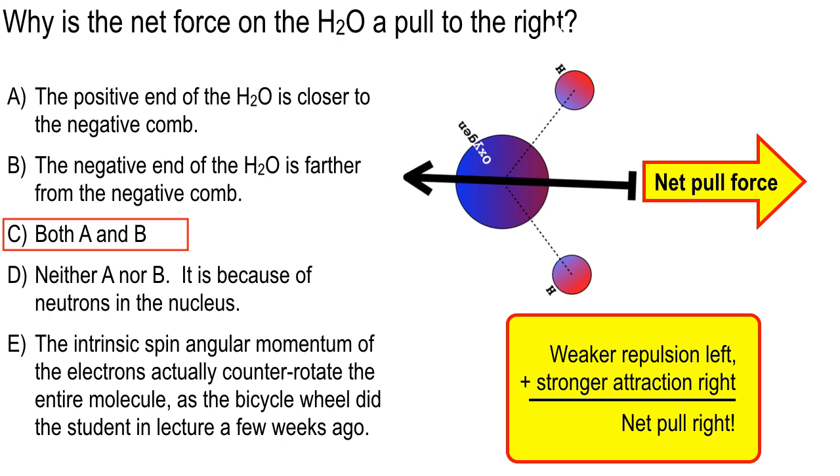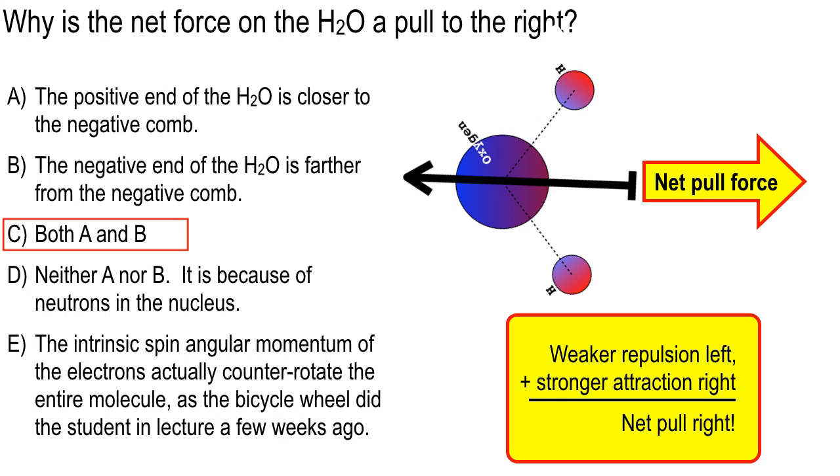The V end of the water molecule, all right? But that end is further away, so it's going to have some repulsion, but it's not going to be as strong. Because the closer, the stronger. The further away, the weaker, just like with gravity. And the red side of the water molecule, the positive side, the hydrogen end of the molecule, is a little bit closer to the Coulomb over here to the right.